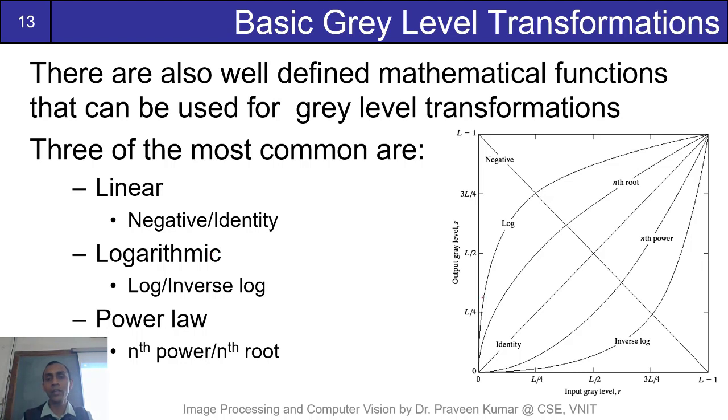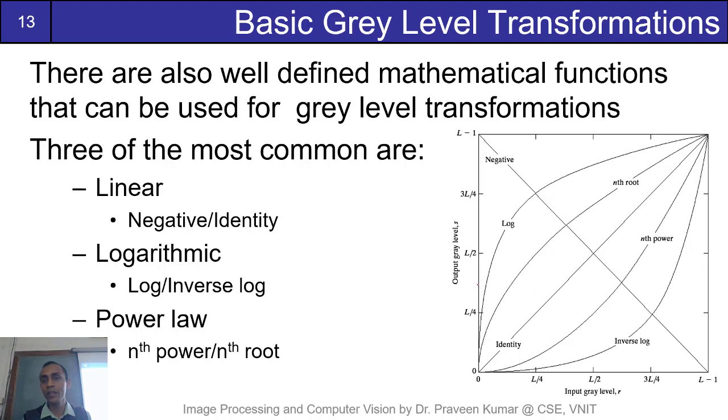Depending on the characteristics of the different functions, most of the time when we apply these types of functions, we'll have to convert our image from unsigned integer to a floating point, to a double. So we'll map it to 0 to 1, and then we'll apply this transformation function.